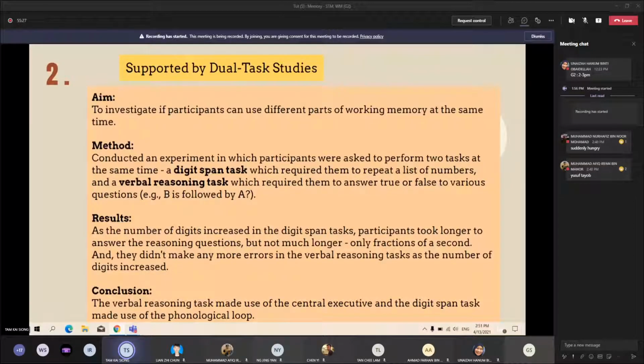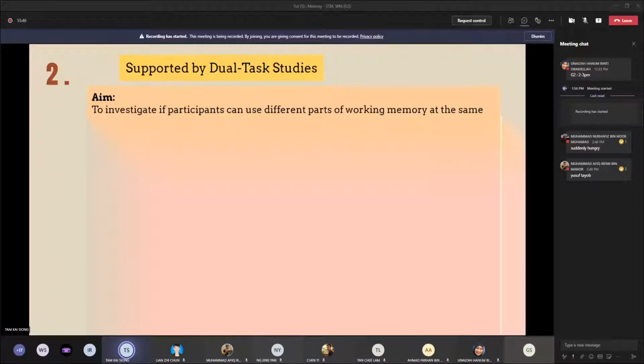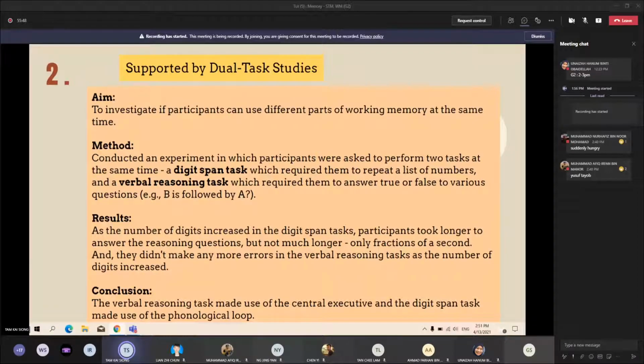The second evidence is supported by a dual task study. This study is to investigate if participants can use different parts of working memory at the same time. The method is we give the participants two tasks to perform at the same time. First task is the digit span task, which requires them to repeat a list of numbers.